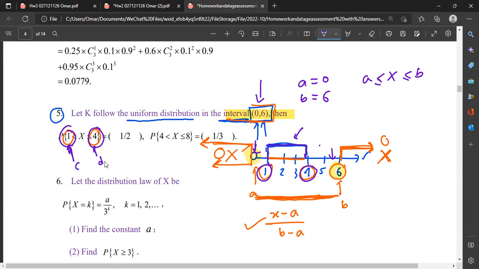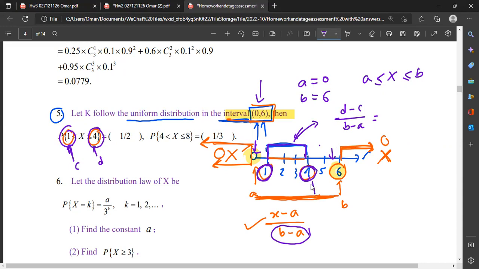So d minus c, and the denominator part will be the same as before, b minus a. For x greater than 1 and less than or equal to 4, our probability will be d minus c by b minus a.